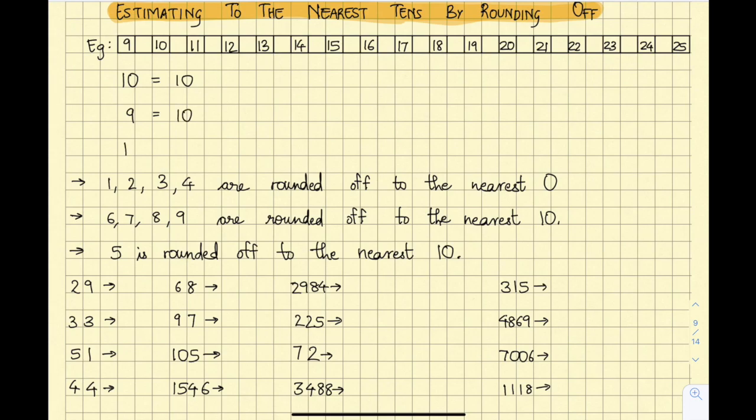Or else if there is 11 or 12 or 13 or 14, these all are rounded off to the nearest tens. Means here you will see that the numbers 11, 12, 13, 14, these 4 numbers are closer to 10. So therefore they are rounded off as 10. To the nearest 10, they are rounded off as 10.